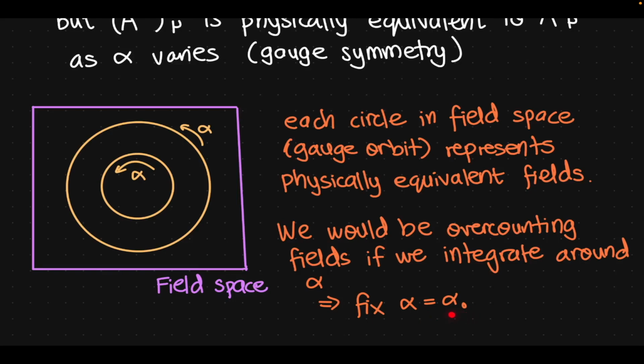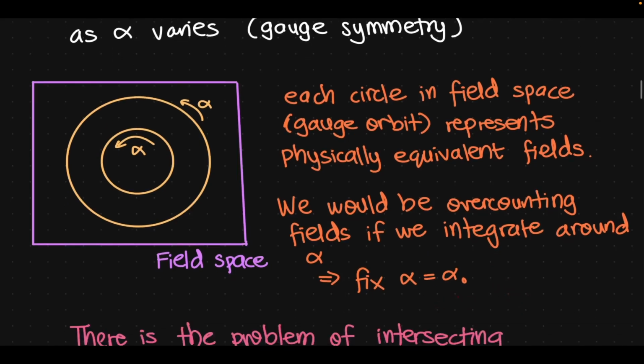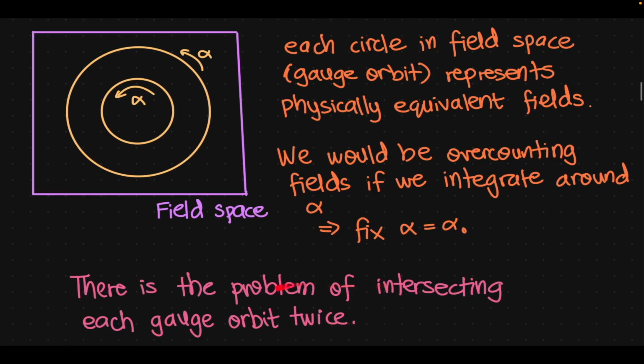And let me remind you, this condition is not just choosing one value for a function. This is a field. So we're just setting alpha of x to alpha naught of x. This is a field. That's what we have to remember. Now, the problem still persists of intersecting each gauge orbit twice.